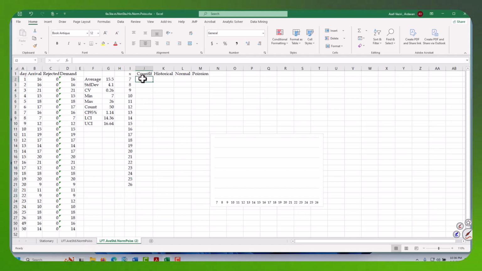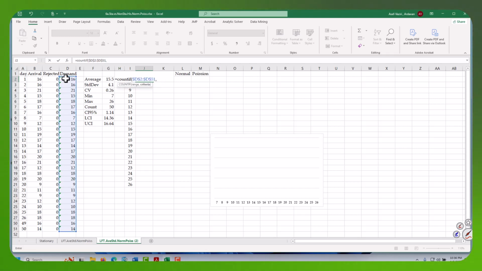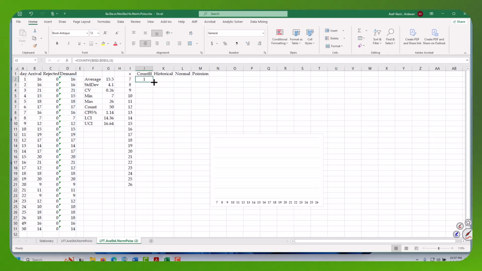Now I type equal to COUNTIF. The range that I'm looking at is my demand, and I lock it because I'm going to copy it down, comma, and 7, go to 9, 8, 7, enter, and that is my histogram.